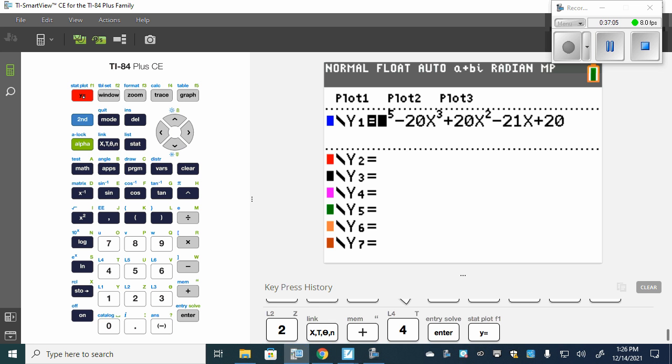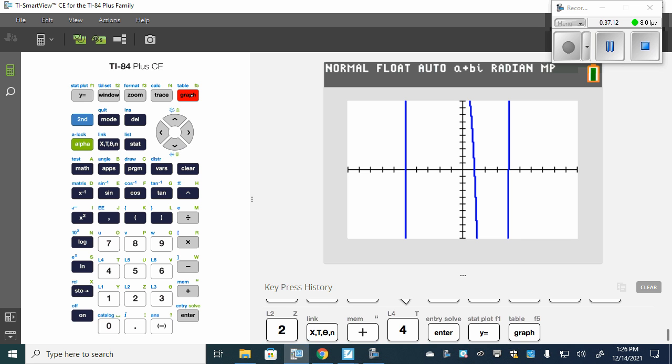Once we type the function in for y equals, we can hit graph. And we're looking for where it crosses the x-axis, because we're trying to find out what value of x is going to make the y value equal 0. So we do have these 3 locations.